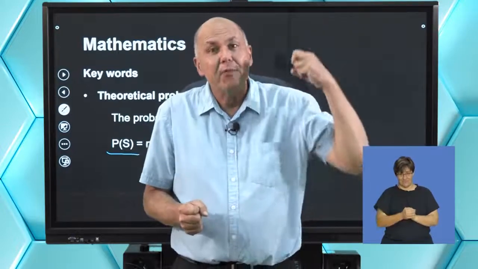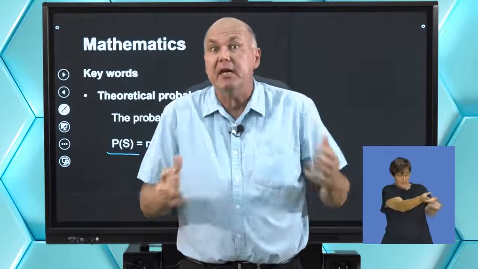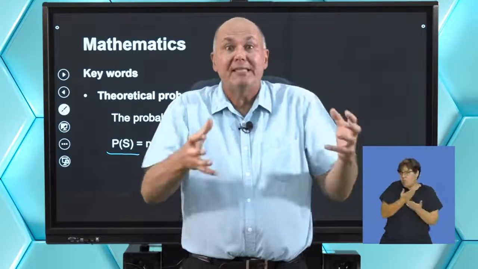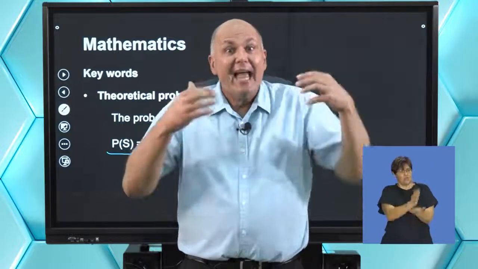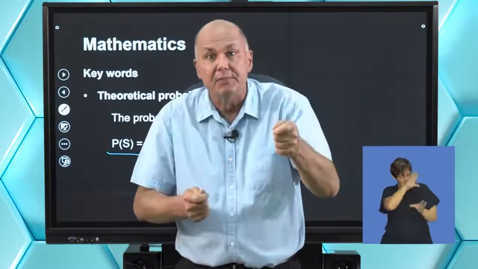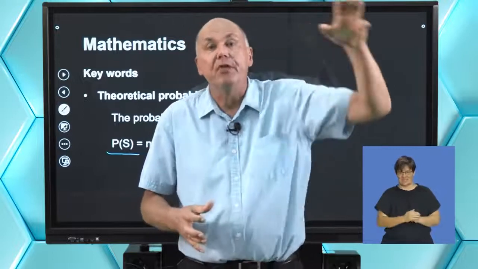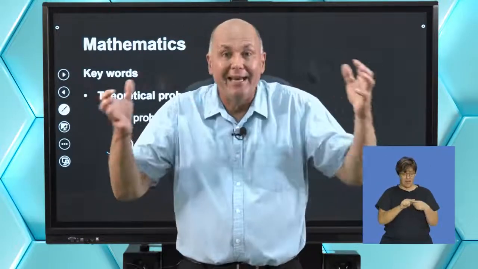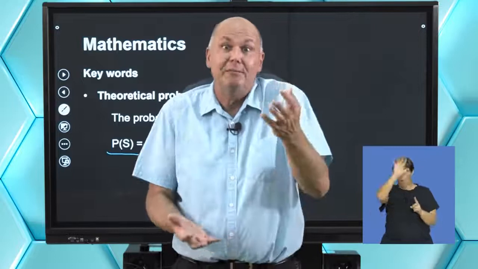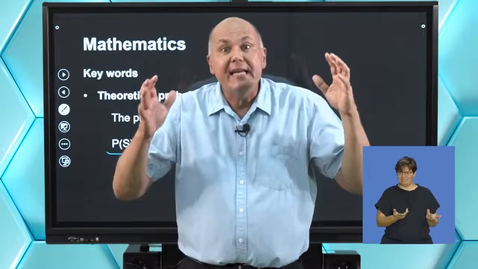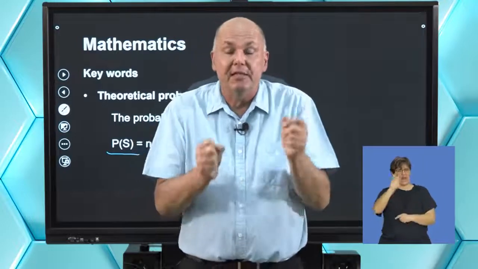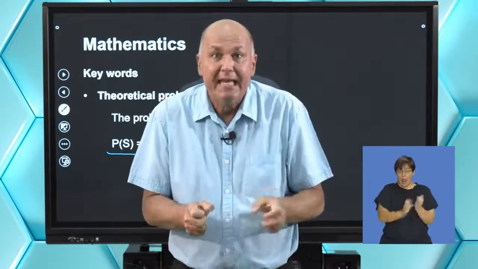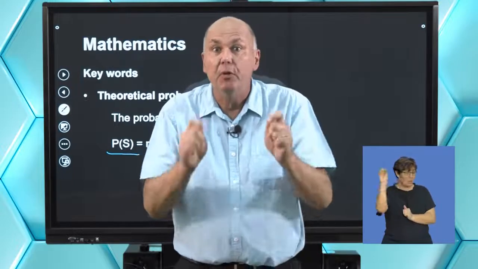If we take something from the sample space and ask what's the probability of this thing happening, it has to be certain, because it's in the sample space. The total number of things in the sample space divided by the total number of things in the sample space is 1. A probability of 1 is 100%. That tells us if the probability of something happening is 100%, we know it's certain.